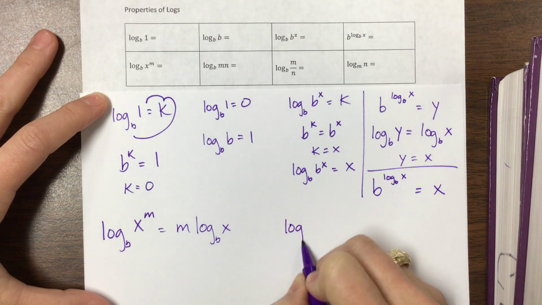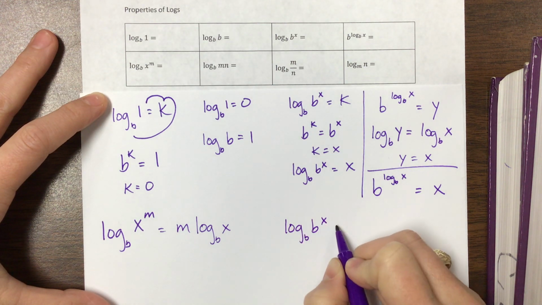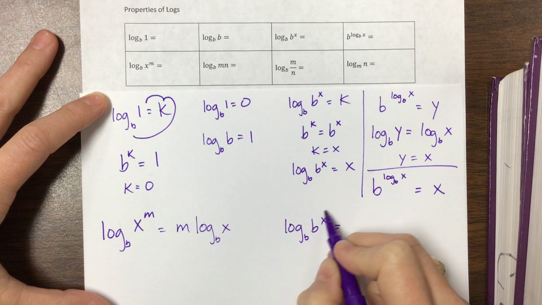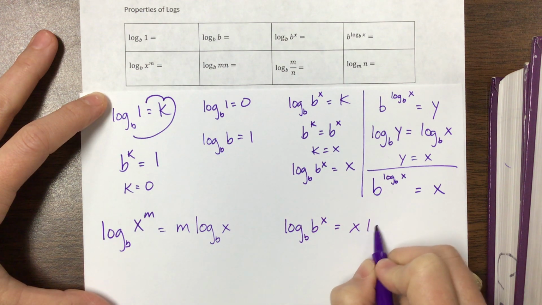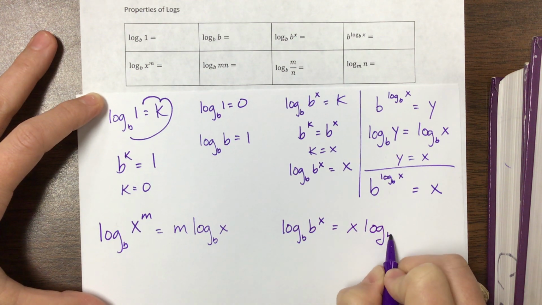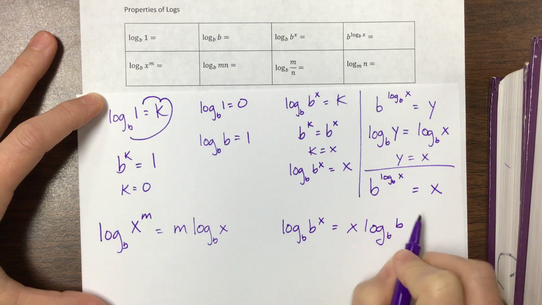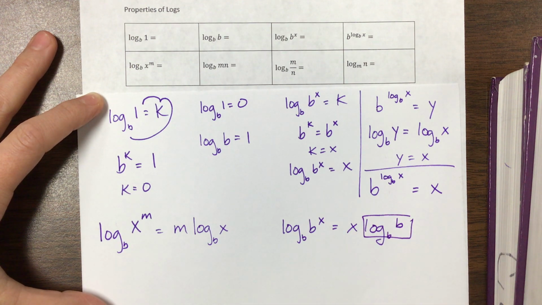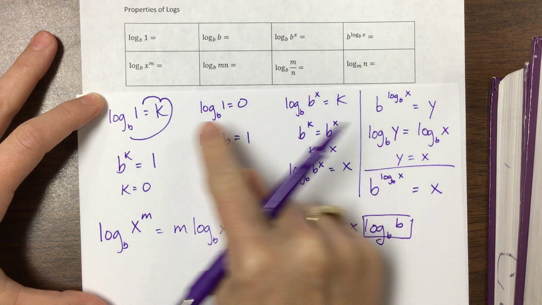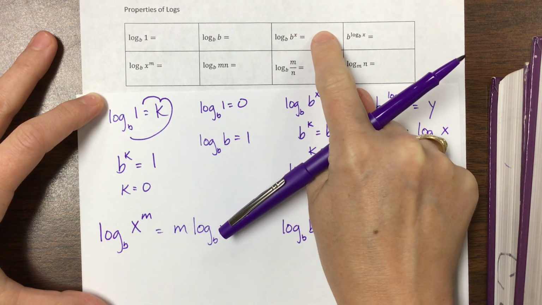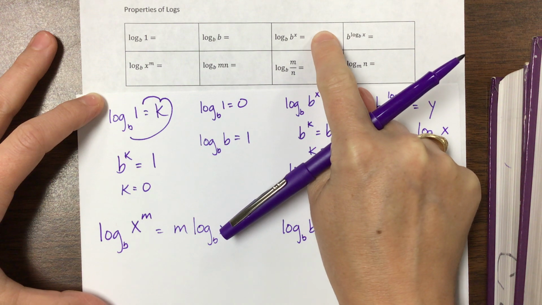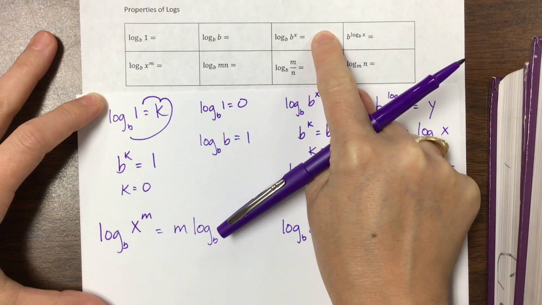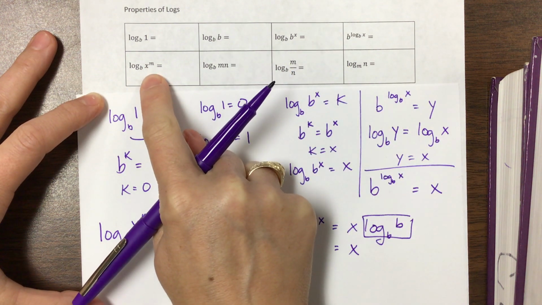If I have log base b of b to the x, I can bring this exponent out in front, x times log base b of b. Well, we just said log base b of b is equal to 1, so this is just x times 1, or just x. So I can get the answer of this multiple ways, and one of them is using this particular property.